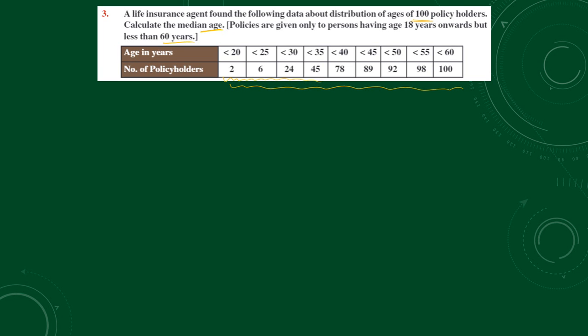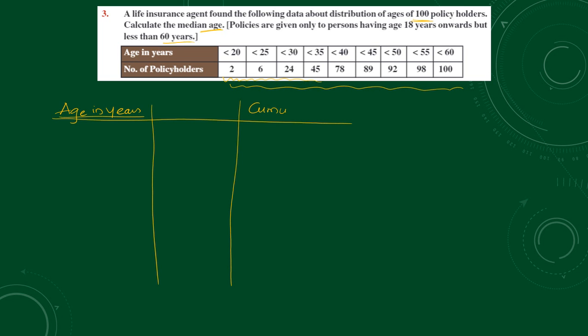First of all, we need to write down the table: age in years, and next, the cumulative frequency. He has given the third column, and from the third column we need to obtain the second column, that is nothing but the frequency column.